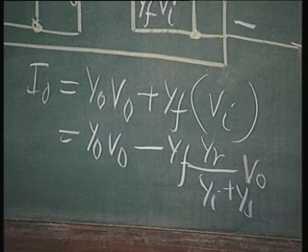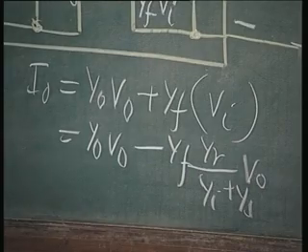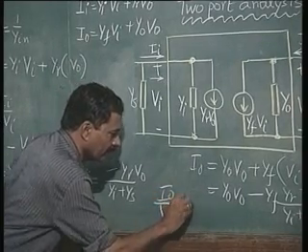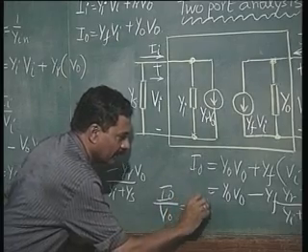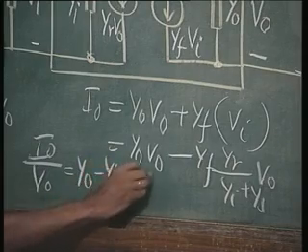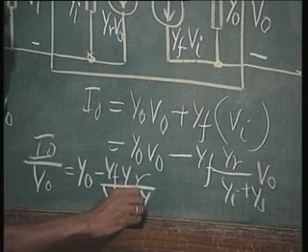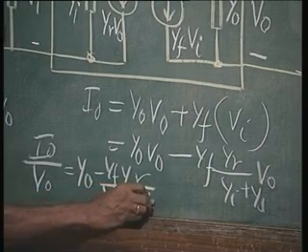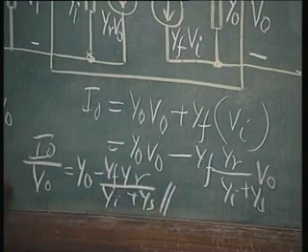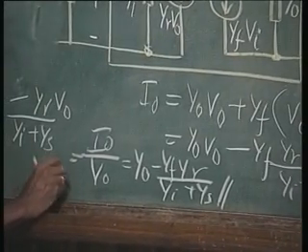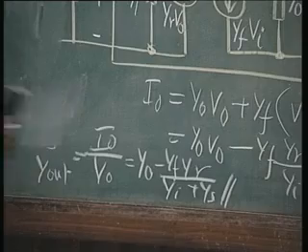Is this clear? So I naught by V naught is going to be Y naught minus YF YR divided by YI plus YS. You can now compare this with what we got for this is the Y out.